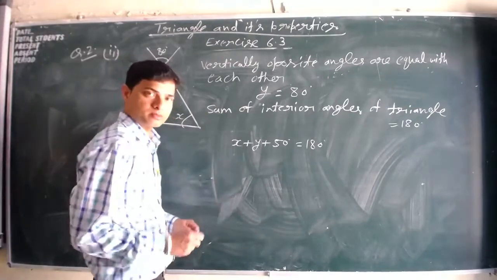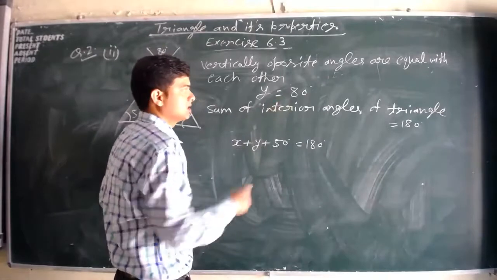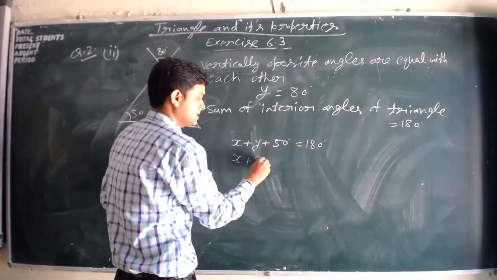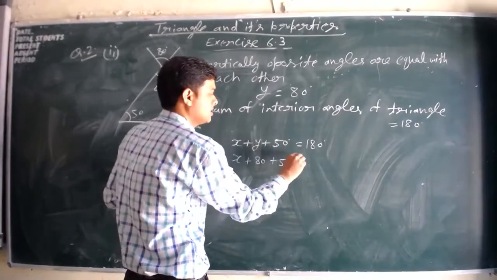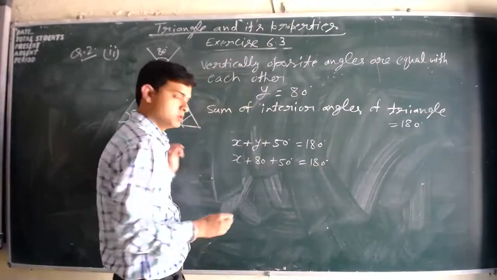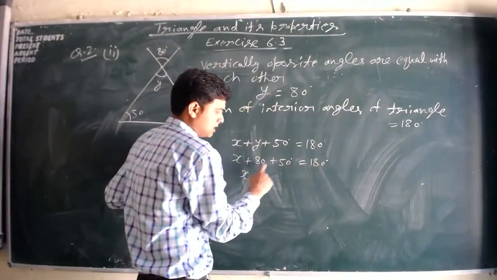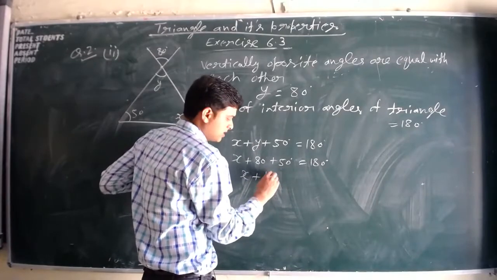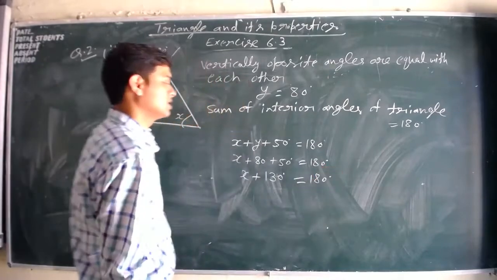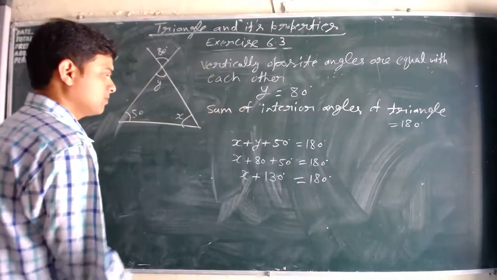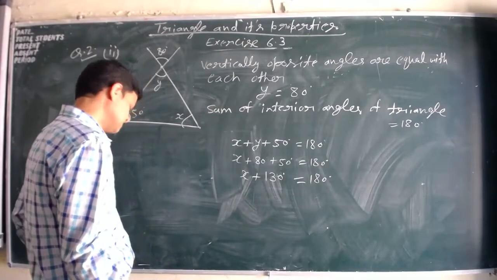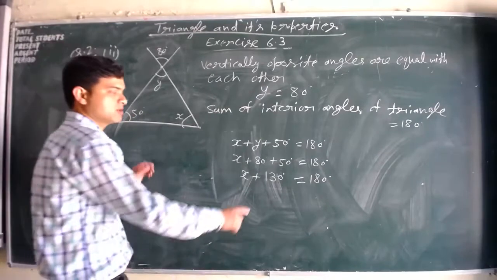Now we can put the value of y, that is 80 degrees, plus 50 degrees, plus x equals 180. The sum of 80 plus 50 is 130 degrees, so x plus 130 degrees is equal to 180 degrees. Now we have to eliminate 130. For this we have a simple method: subtract the same amount from both sides.